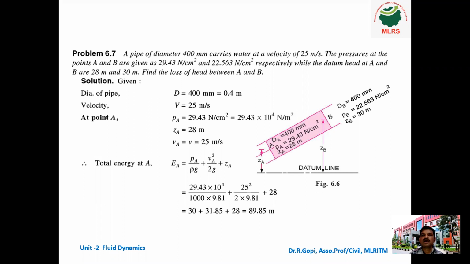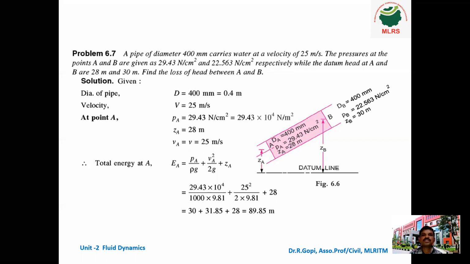For an ideal fluid, loss of head will not come, because in an ideal fluid viscosity is 0. So we can't take viscosity into account in the ideal fluid, but in the case of a real fluid we have to incorporate the loss of head also, because here viscosity will come. So the first problem is clear.